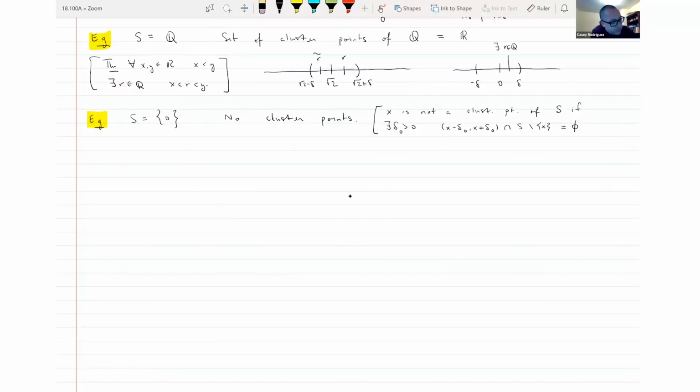Okay? So the picture that goes along with this is that X is not a cluster point if there's some interval and possibly the only point of S there is the point X, but nothing else. Okay?